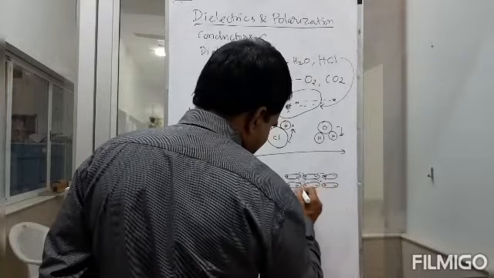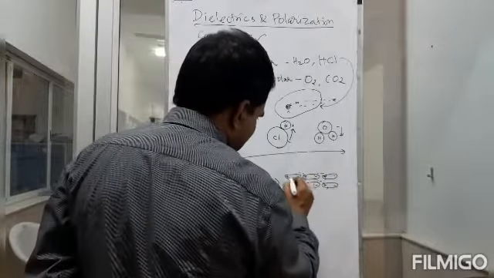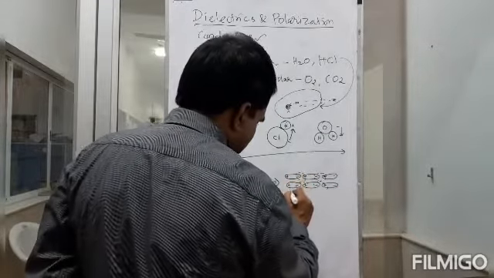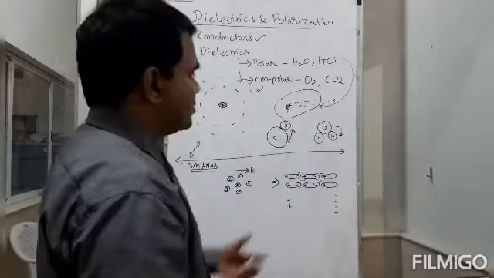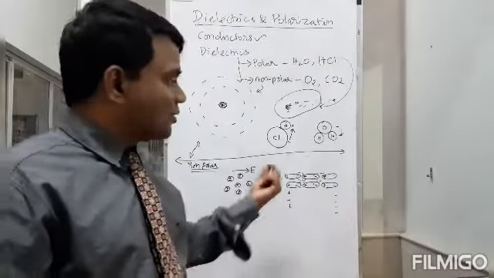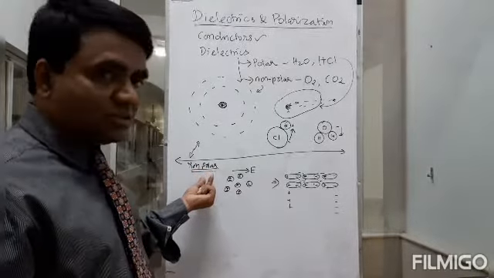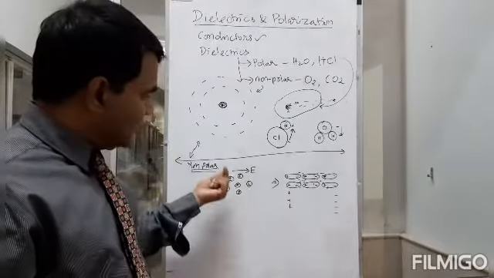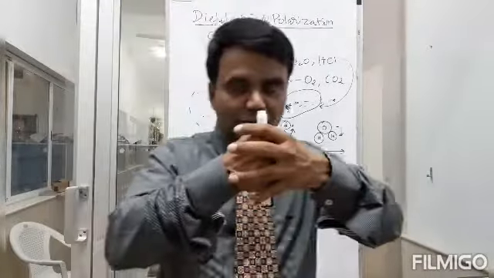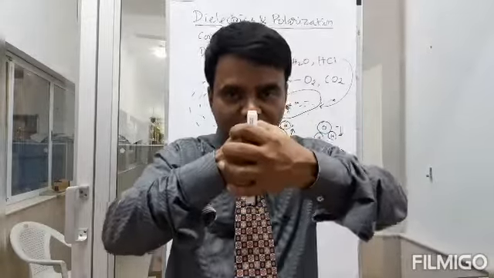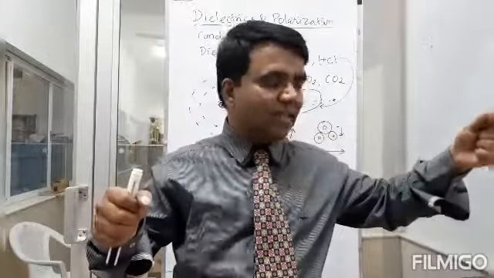It's kind of stretched and cancelled. So you notice now that you have plus charges on this side, minus charge on this side. So it gets polarized. A non-polar substance with lots of molecules, when subjected to an external electric field, has the positive and negative centers, which were together first, now stretched slightly, and now you get positive here and then negative there.